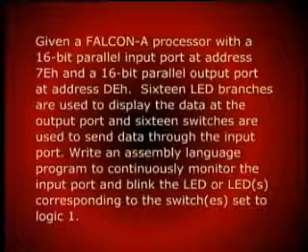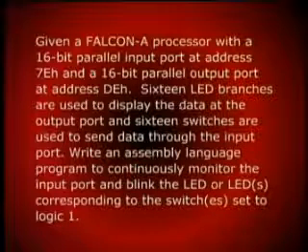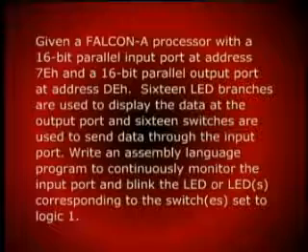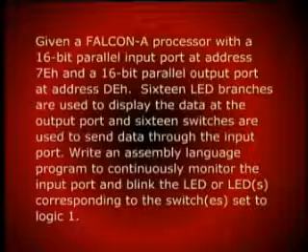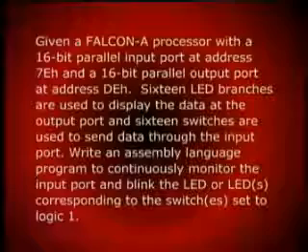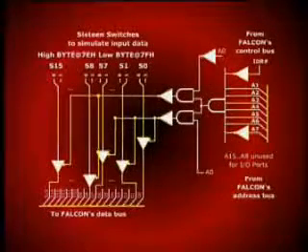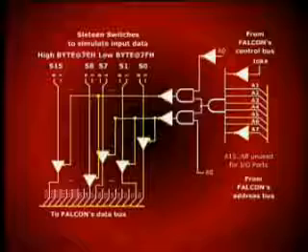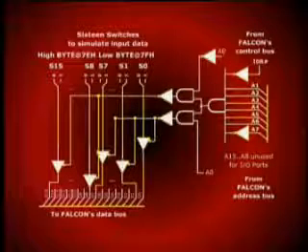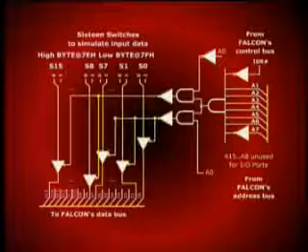We are supposed to write an assembly program to continuously monitor the input ports and blink the LEDs corresponding to the switches which are set to logic 1. For example, if S0 and S2 are set to 1, then only the LEDs L0 and L2 should blink.